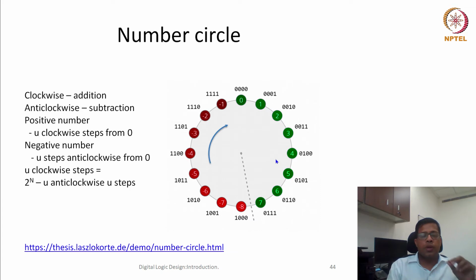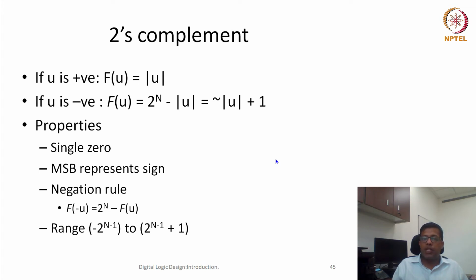Now after understanding it from the number circle perspective, let's have some theoretical background, or some mathematical representation of this number circle, or this particular type of number representation. This particular number representation is called 2's complement. Why it is called 2's complement, we'll see.